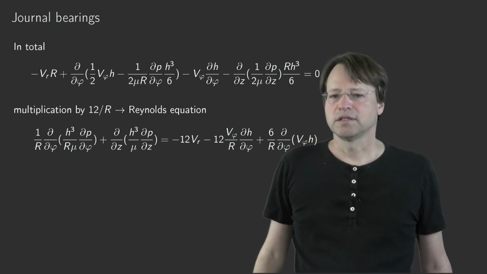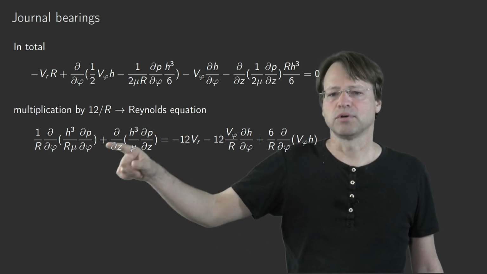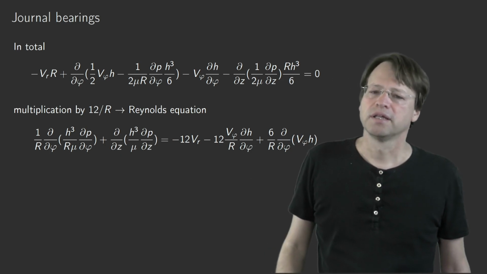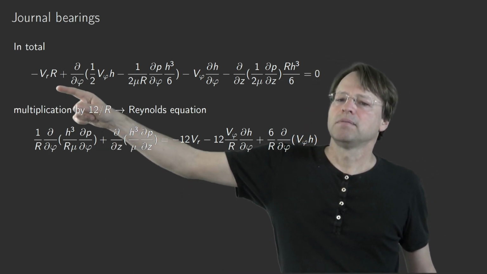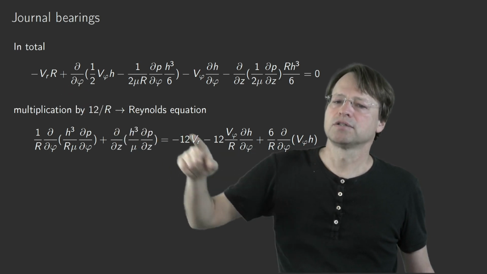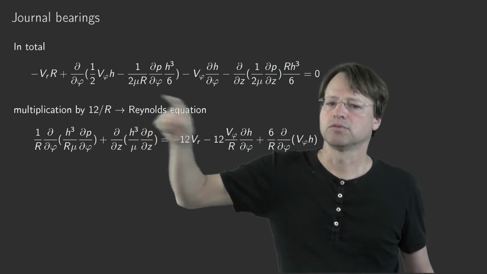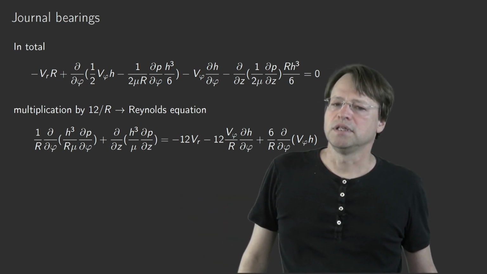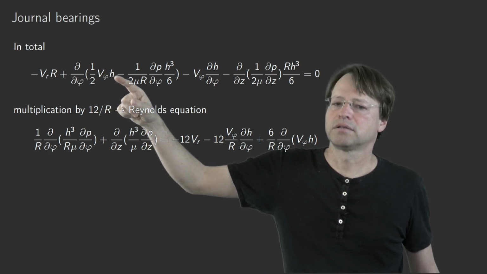Now we look at the right-hand side, where we put these terms with a positive sign here. So we keep the sign of these terms that are here on the left-hand side, so the negative sign. We multiply by 12 and divide by R, so we get minus 12 v_r. Next one, this one, from the second term, we multiply by 12.